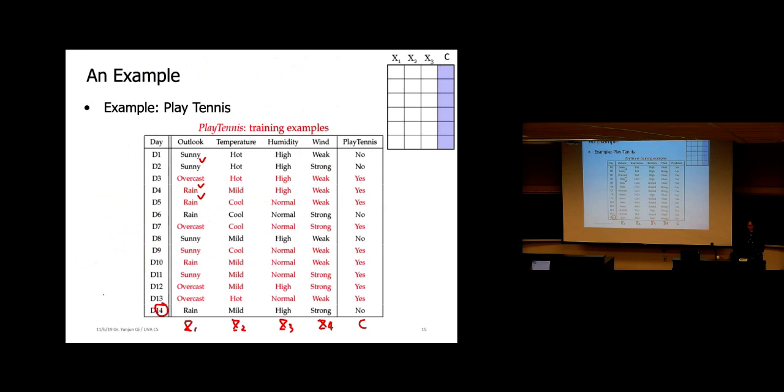In the end, I just need to count how many times this combination appears over all the training data, conditioned on a specific C. This is a combinatorial set.